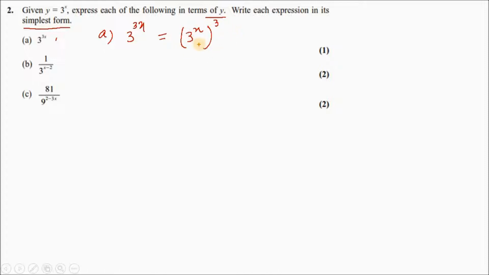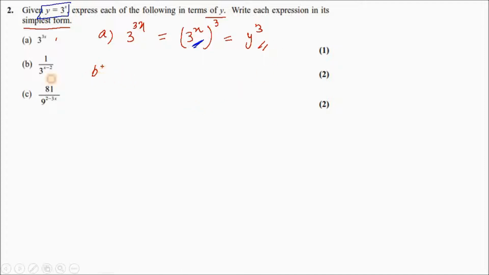And this 3 to the power x is in fact y, so I can replace 3 to the power x with y. So this is y cube. This is 3 to the power 3x in terms of y cube. This is your part A.